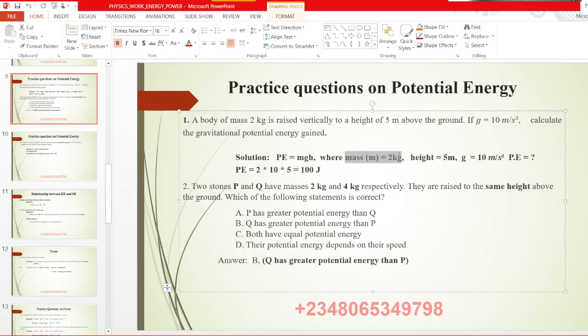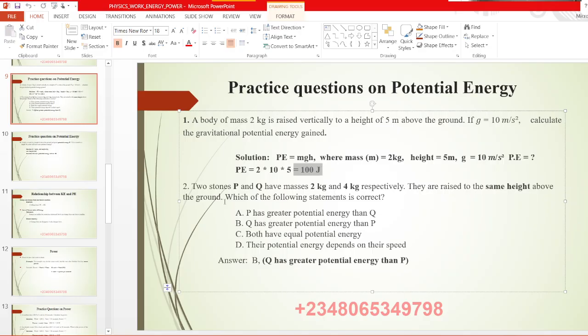We have mass of 2 kg, we have height of 5 meters, and g of 10 meters per second square. So by inserting into the equation where the mass is 2 kg, the acceleration due to gravity 10 meters per second square, and the height is 5 meters, we are going to have the potential energy of 100 joules.